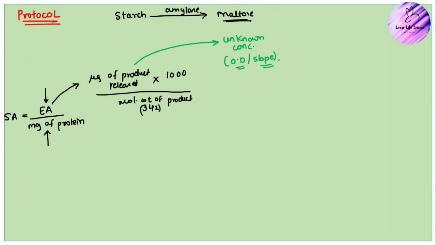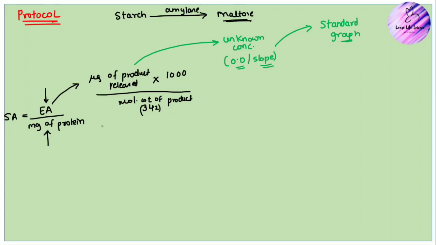Slope is generally obtained through the standard graph. Here, for example, you can get the concentration of maltose by comparing it with the standard graph of maltose.